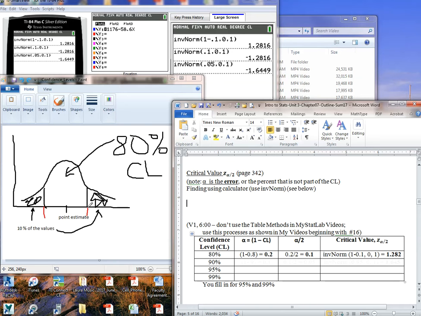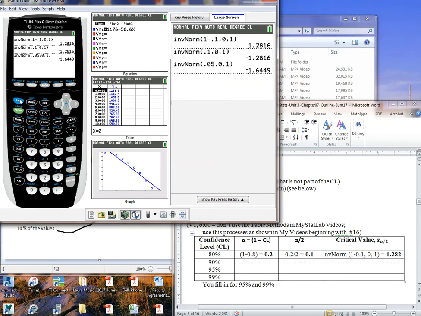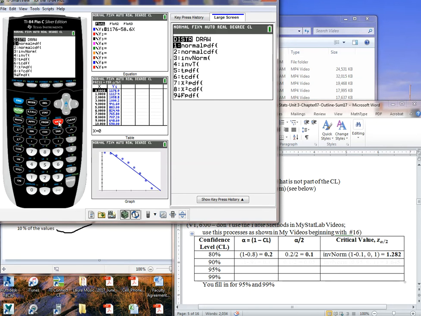So with invNorm, we've got to look at all of this area here. It's going to be the 80% plus the 10%, or everything under the curve minus what's going on up here. So I'm going to go to the calculator, go to invNorm, and I do 1 minus the alpha, minus 0.1, and I'm looking for a z value.